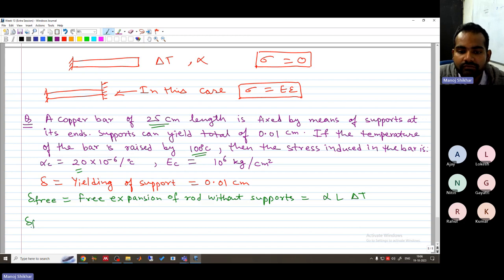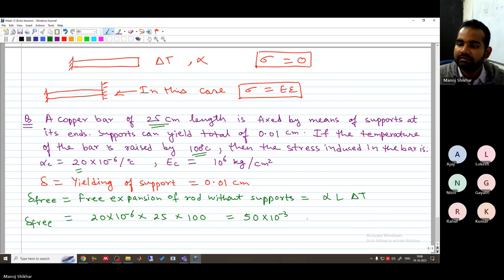So delta free is 20 into 10 power minus 6 into 25 into 100. So this is 50 into 10 power minus 3, that is 0.05 centimeter.